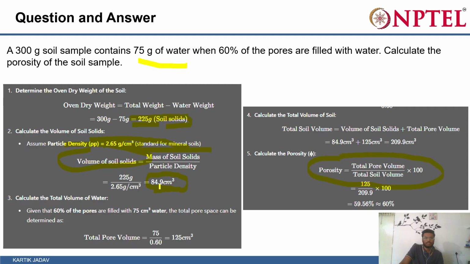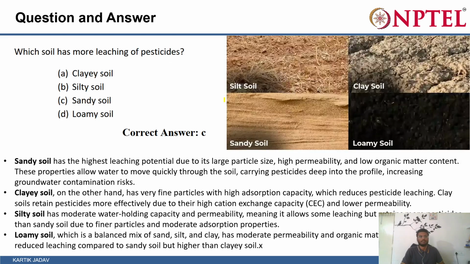Then, as it is given that 60% of pore space is filled with water, that is around 125 cubic centimeter. Considering this, 84.9 plus 125 cubic centimeter, we have a total soil volume of 209 cubic centimeter, and then we can calculate porosity easily by putting it here. So porosity is coming to around 60%.